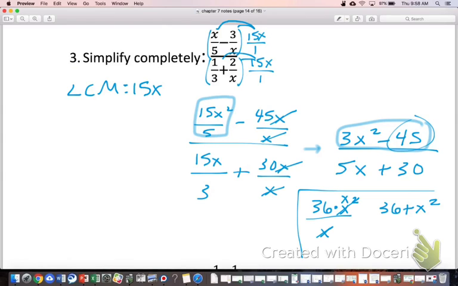It's a multiplication problem. If you have this, you absolutely cannot do anything with this because the top is not factored. Over here, the top is factored because it's a multiplication problem. Over here, the top is not factored because it's an addition problem. So that's the fundamental difference here, times versus plus.